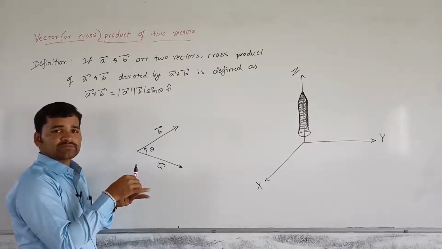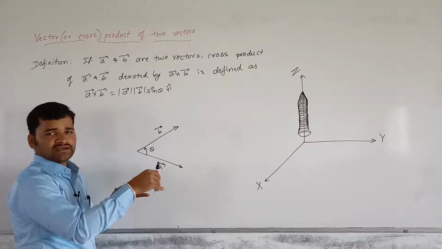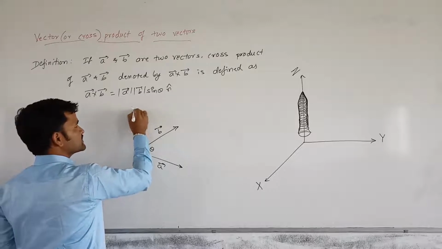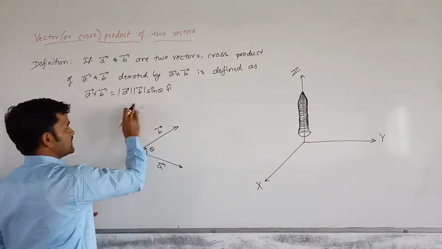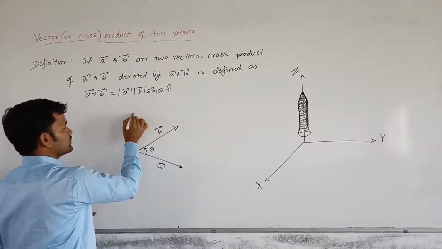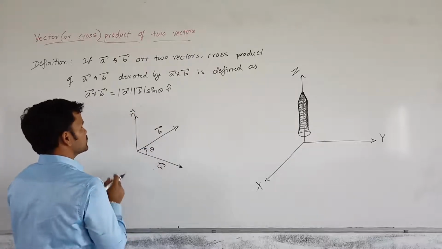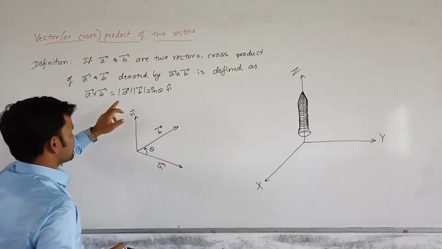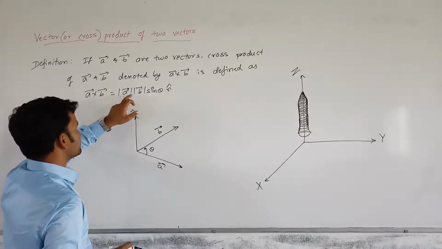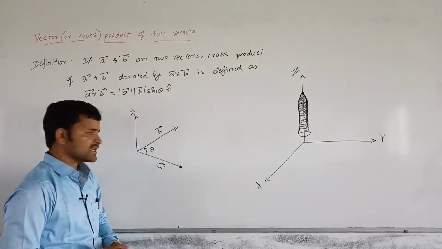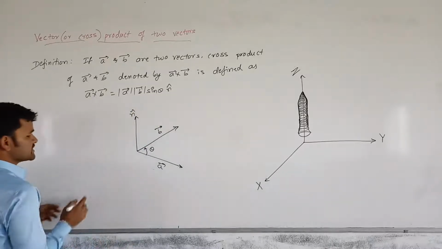This n cap is perpendicular to both A and B. N cap indicates a unit vector which is perpendicular to both A and B. So A cross B has a magnitude of magnitude of vector A into magnitude of vector B into sin theta, and it has the direction of n cap. This is A cross B.